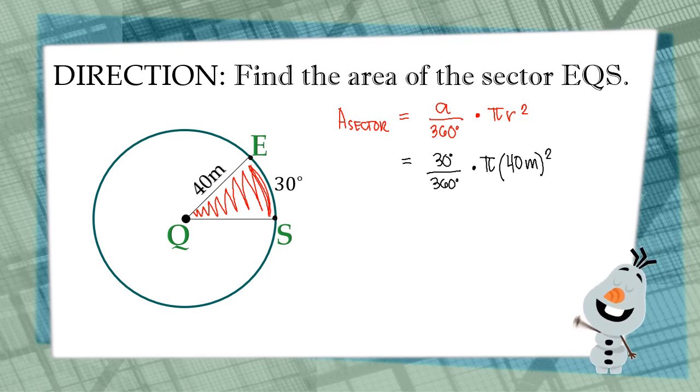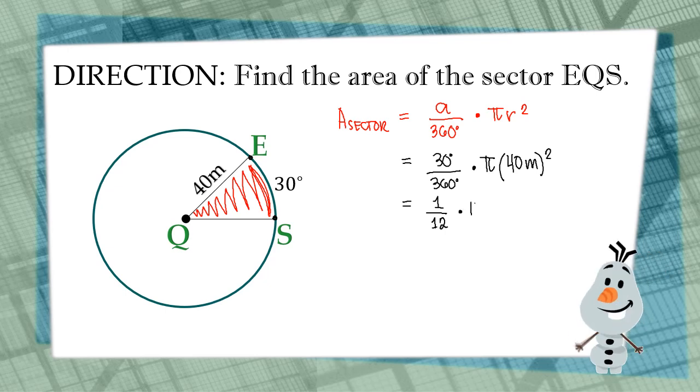Now let us simplify first the 30 degrees divided by 360 degrees. We all know the GCF of 30 and 360 is 30, or else we can say that 30 and 360 are divisible by 30. So 30 divided by 30 is 1, and 360 divided by 30 is 12.